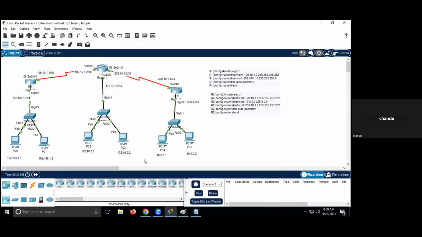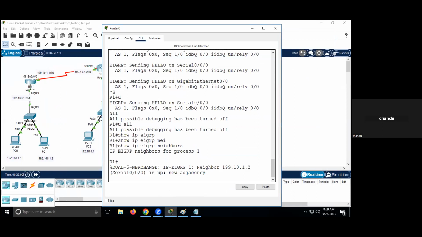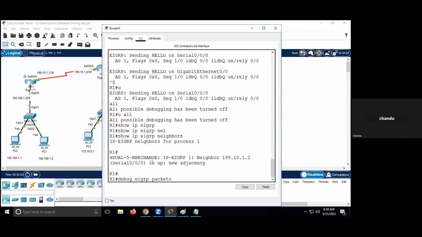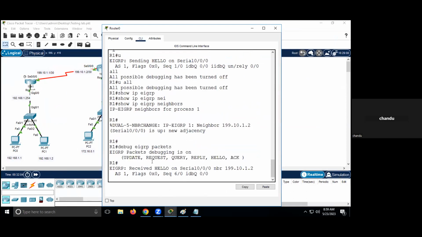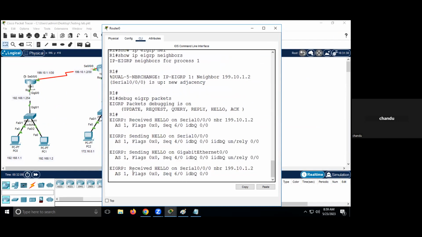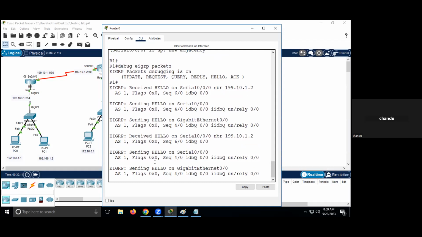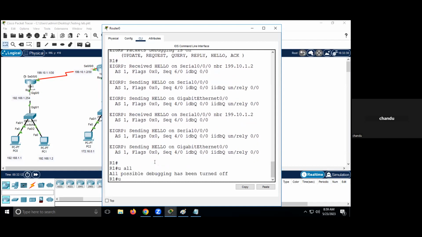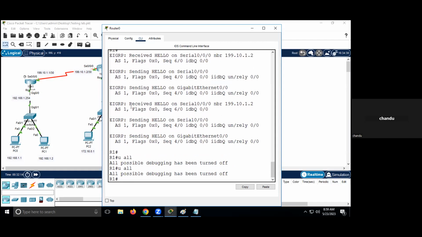Now in router 1 again, if you try to debug the message, debug eigrp packet, it is sending now and also receiving. You see, received hello message. Undebug all. That is received hello from serial 0/0 neighbor 110.1.2.